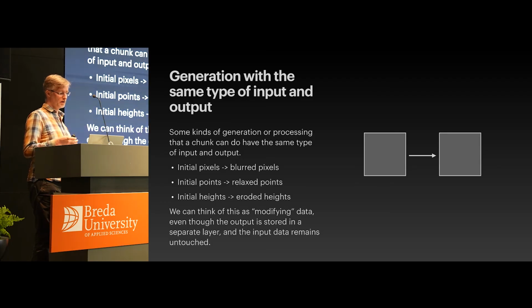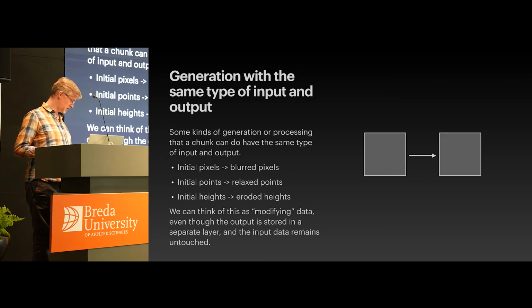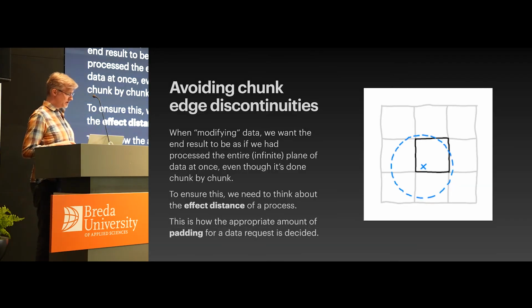So this could be initial pixels and you return blurred pixels, or initial points and you return relaxed points, initial heights and you return eroded heights. We can think of this as modifying data, but of course we are not actually overriding any data since we're storing it in a new layer. And I need to hurry a bit.